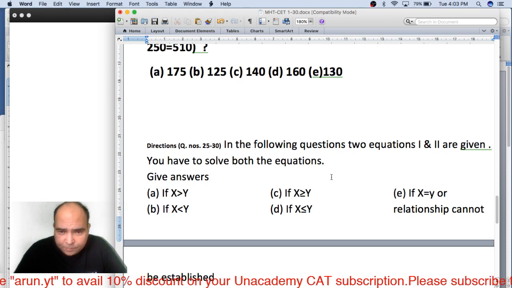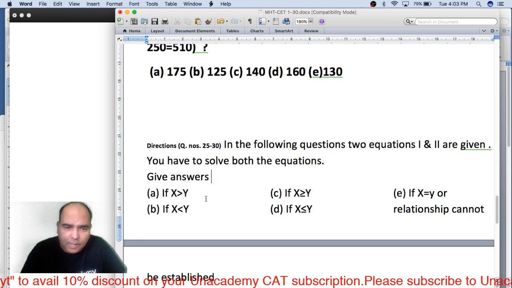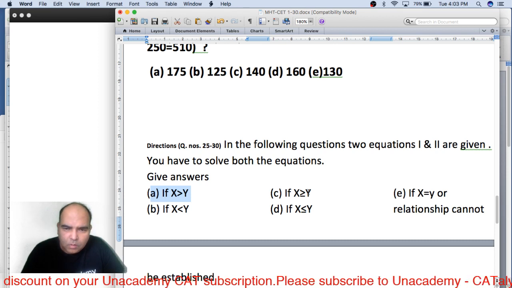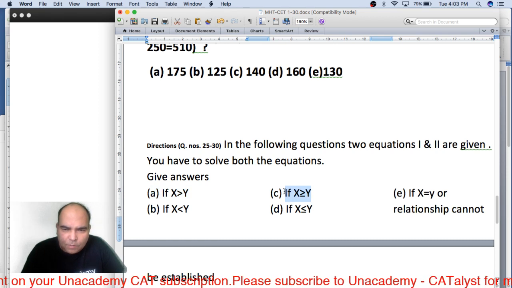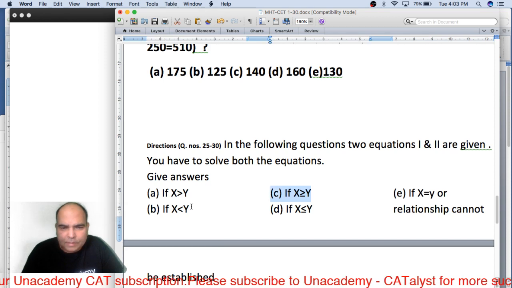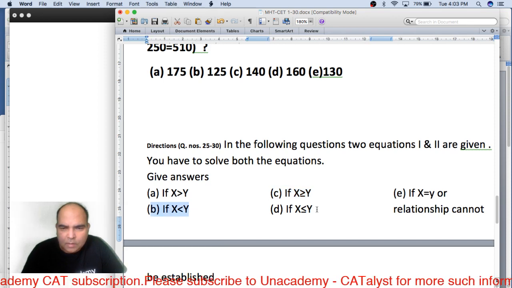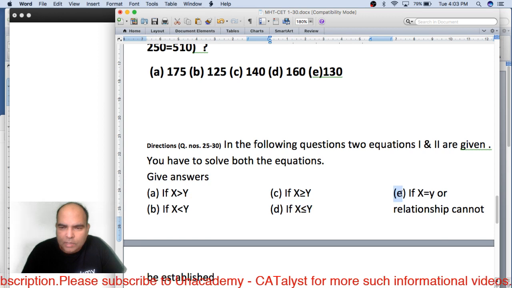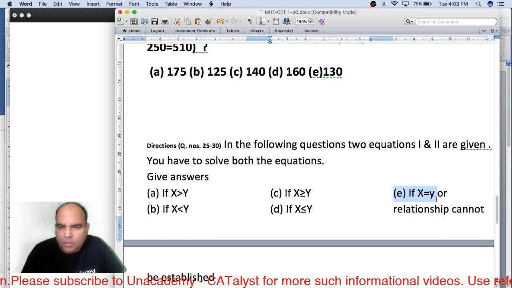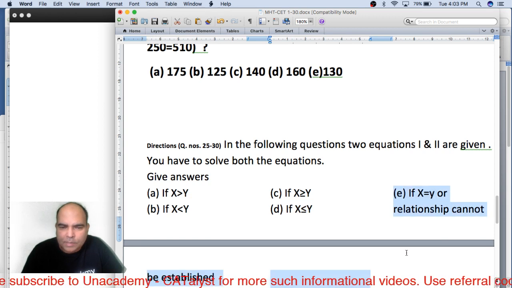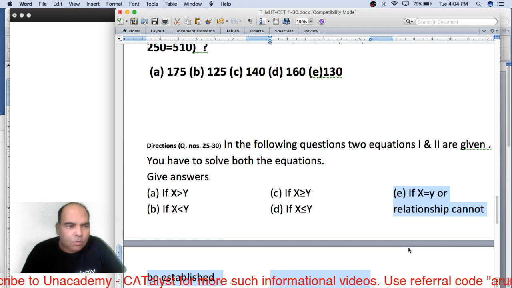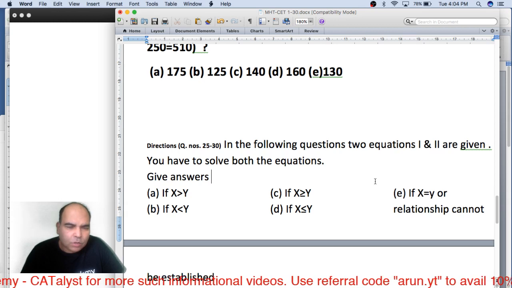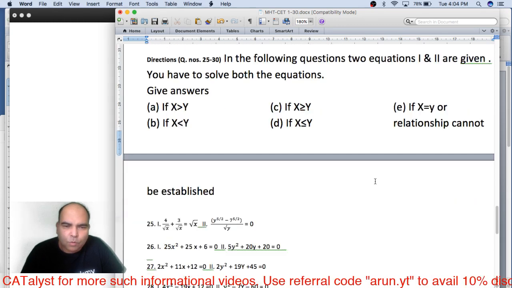You mark a if x is greater than y, and if x is greater than or equal to y, you mark c. If x is less than y, you mark b. If x is less than or equal to y, you mark d. And x is equal to y, or relationship cannot be established, in that case you mark e. So this is a very common question which talks about comparison of two quantities.